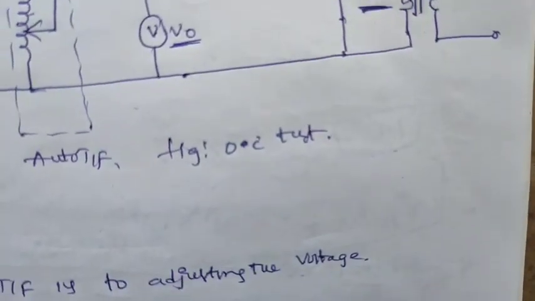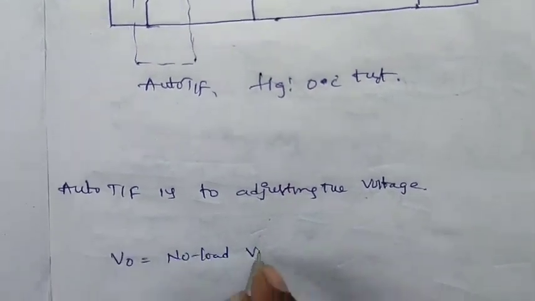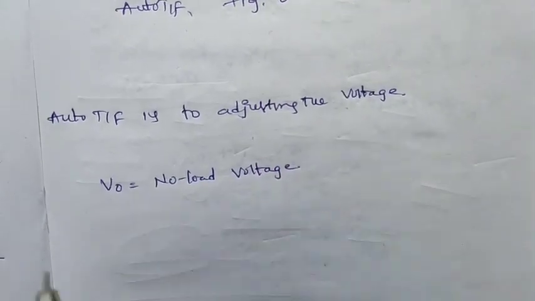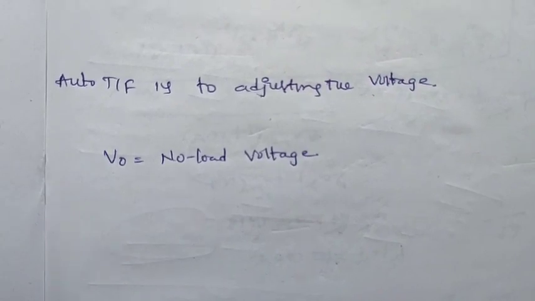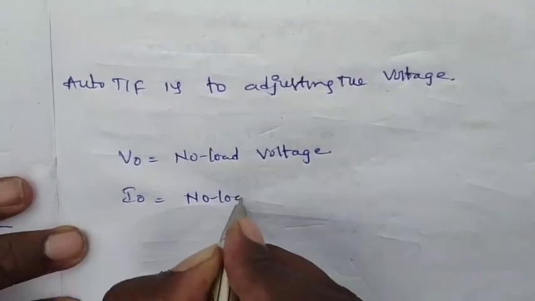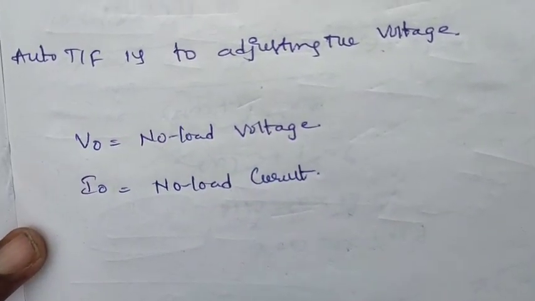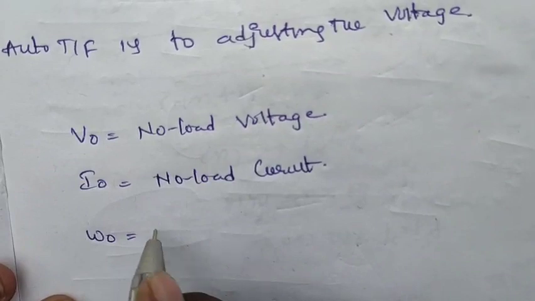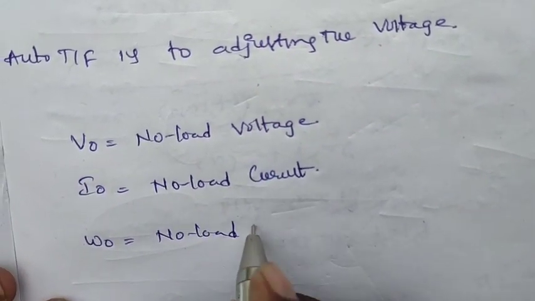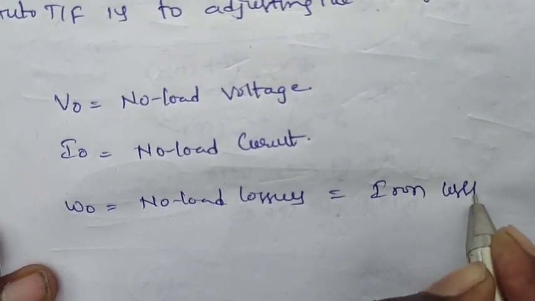W0 is I0 V0, where V0 is the no load voltage, I0 is the no load current, and W0 is the no load losses, that is equal to the iron loss.